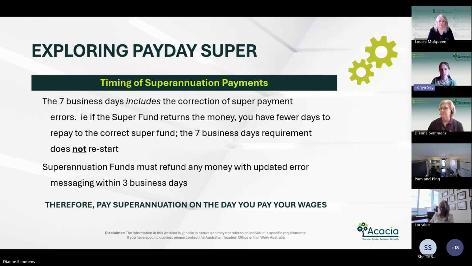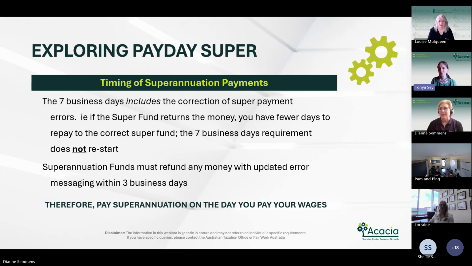And just reiterating, your superannuation clearing houses' time frame has reduced as well. They need to be communicating with you within 3 business days. What we haven't put on there is that they've also been tasked by the government to make their error messages a lot clearer. What that actually means, what you'll actually see, no idea, but that's supposed to be happening as well.